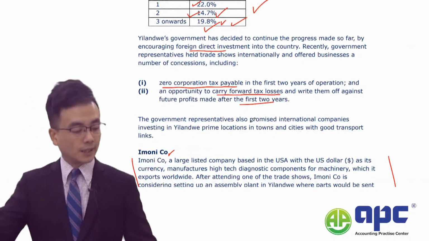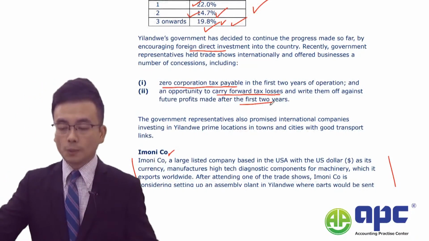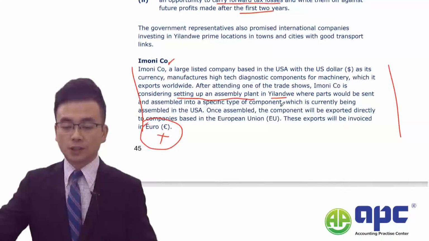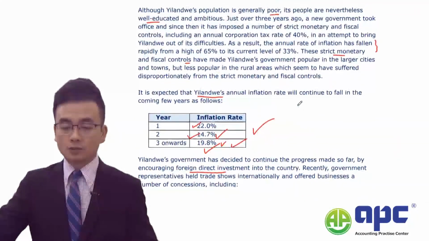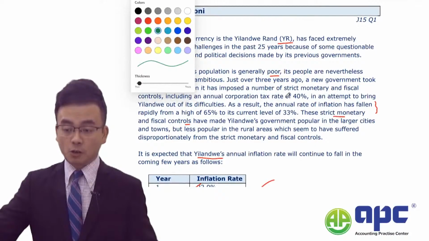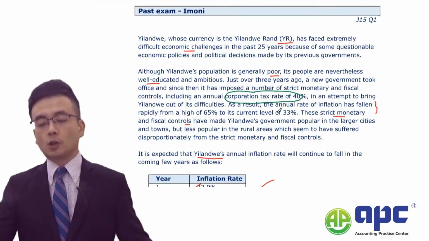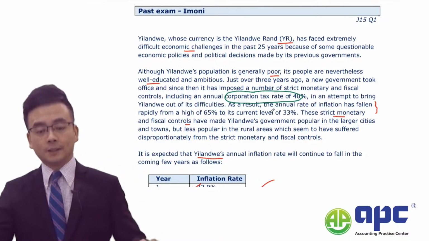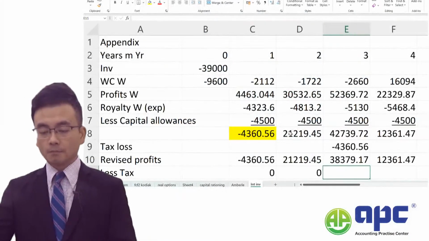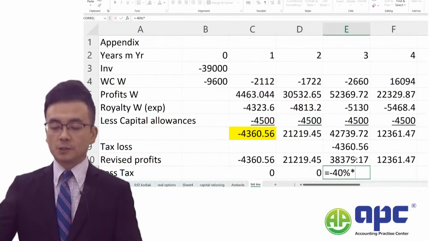However, how about in the third year? What will be the tax rate in the overseas country? Let's find the figure. In the second paragraph, at the very beginning of the question, you can see that in Yulan's the corporation tax rate is 40%. So that equals minus 40% times the revised profit.